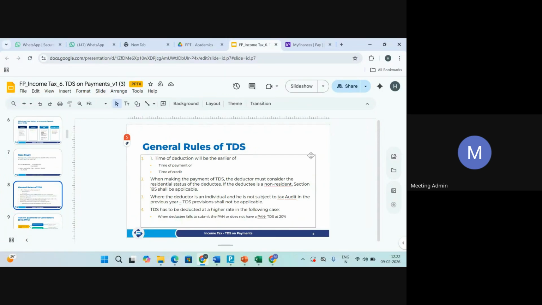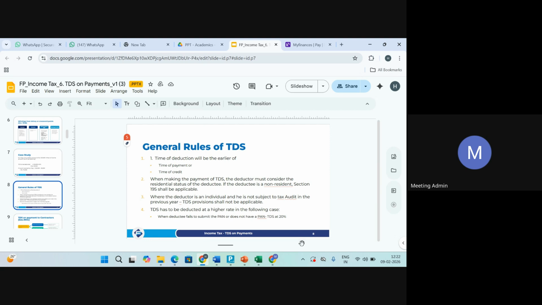And TDS has to be deducted at a higher rate in the following cases, where there is a penalty. When the deductee fails to submit the PAN or does not have a PAN, TDS will be 20 percent. Usually, a person pays 1 percent, 2 percent or 1.5 percent based on the slab rate.